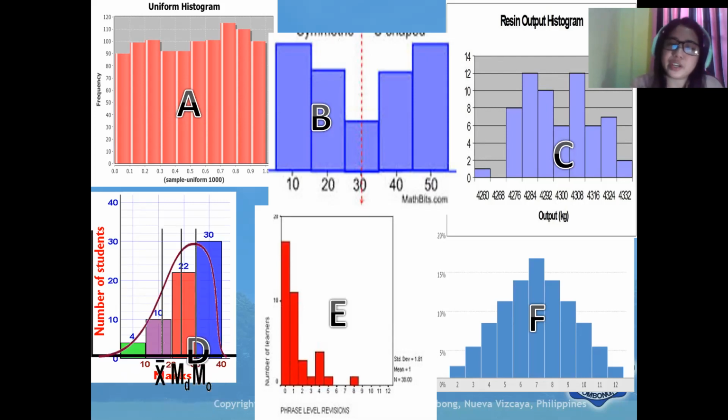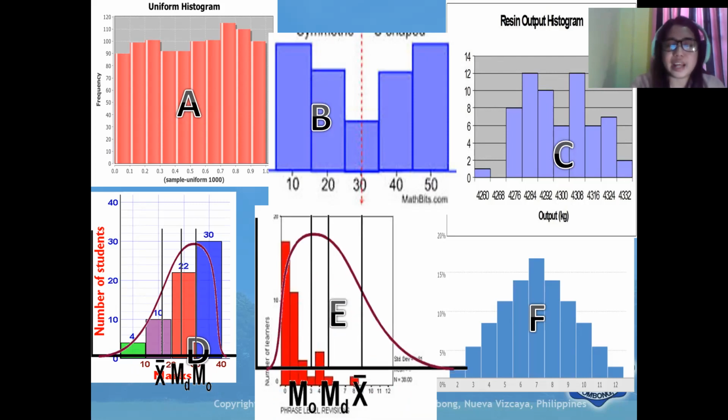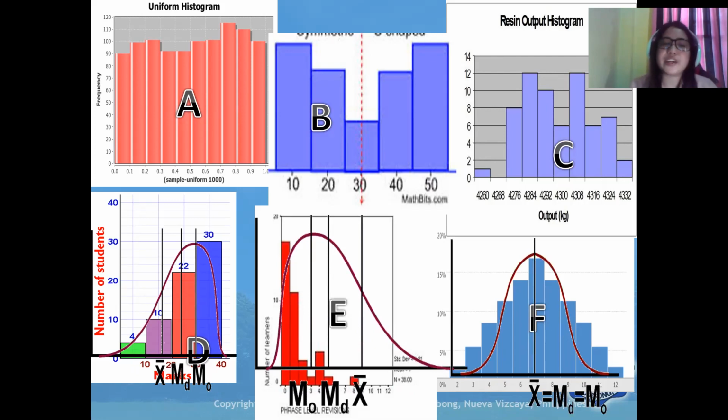So letter D is negatively skewed, letter E is positively skewed, and letter F is our normal curve.